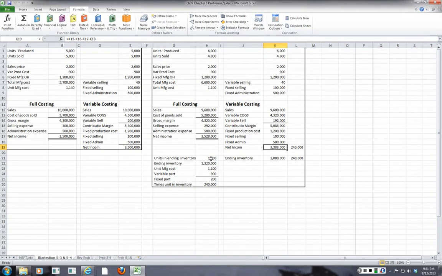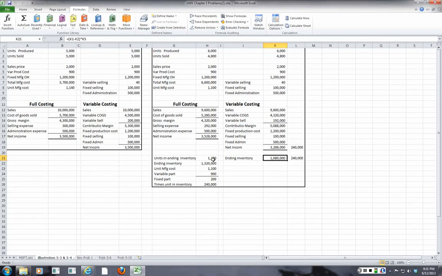Now the ending inventory here is $1,320,000. The ending inventory here, let's just run it. So we get the difference. We take the 1,200 units and multiply that by $900, and that's our ending inventory, which is $240,000 less.